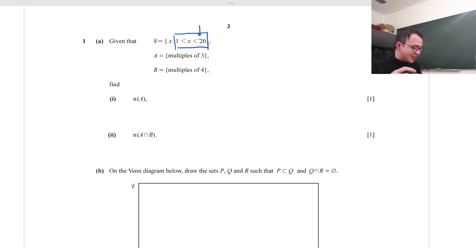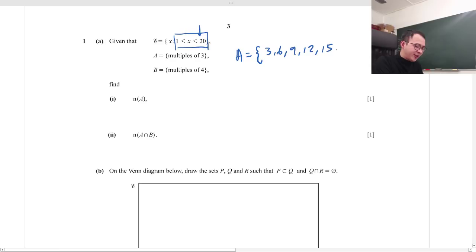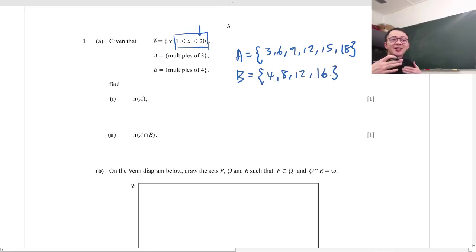If it were all the integers, you would start from 2 and go up to 19. But here they don't say anything about integers, but A is multiples of 3. So to work out A quickly, I can do 3, 6, 9, 12, 15, 18. And B is multiples of 4, so it's 4, 8, 12, 16. 20 is not included because the sign doesn't have the equal sign. So number of A, you have how many A here? 1, 2, 3, 4, 5, 6.